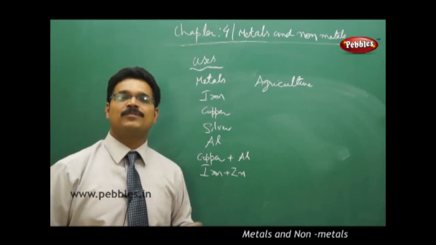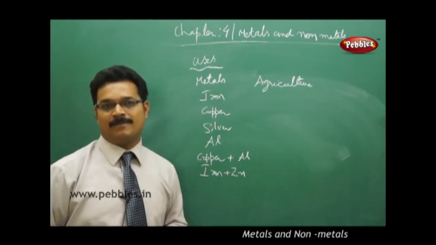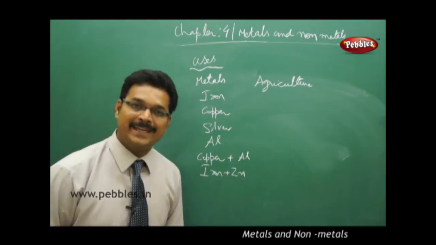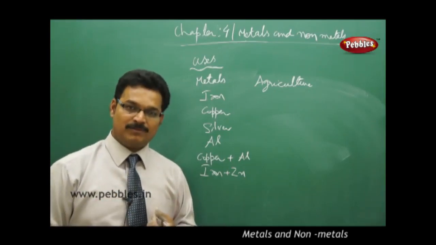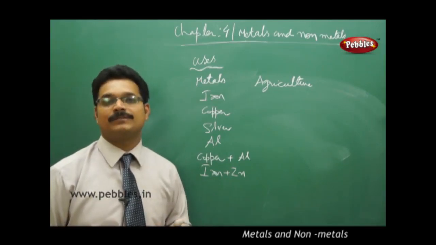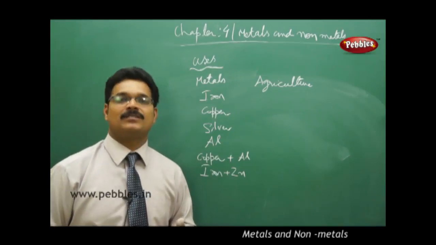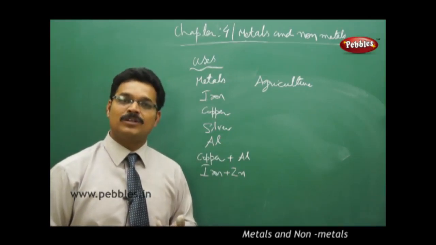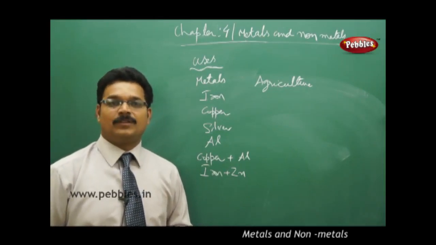All the different types of tools we use in agriculture are made of metals only. Not only agriculture, if you go to the aerospace industry, making of aeroplanes, we use metals. Satellites, we use metals. So in each and every area metals are spread and they are helping us to create so many types of tools and making our life easier, thanks to metals.